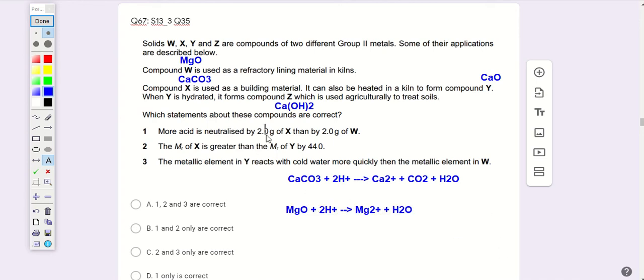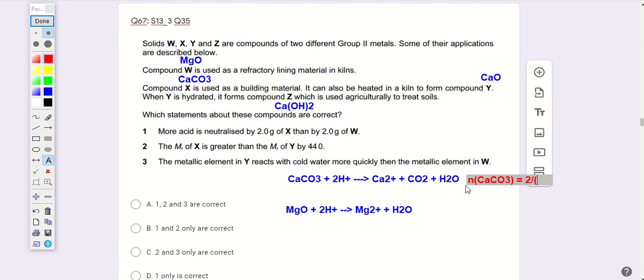Now they say we use 2 grams of X and 2 grams of W. So now let's find the number of moles of X and of W. Number of moles of X, which is calcium carbonate, is 2 grams divided by the molar mass.